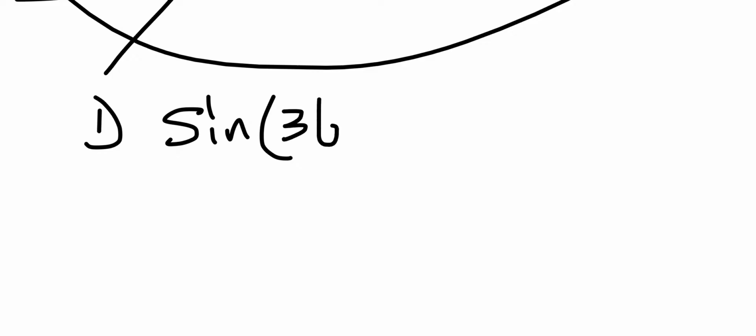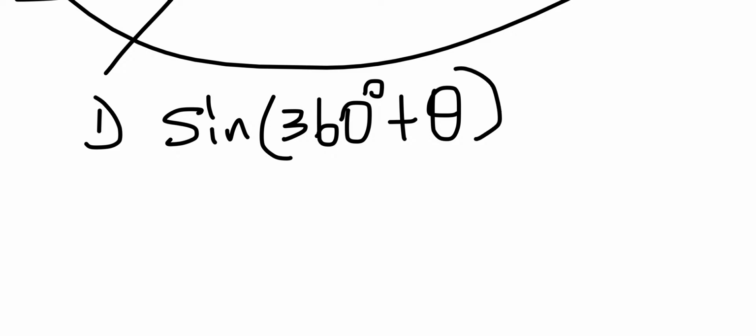Let's say number one, we are given sine of 360 degrees plus theta. Most importantly, what they want us to do is to rewrite this as a function value of theta.